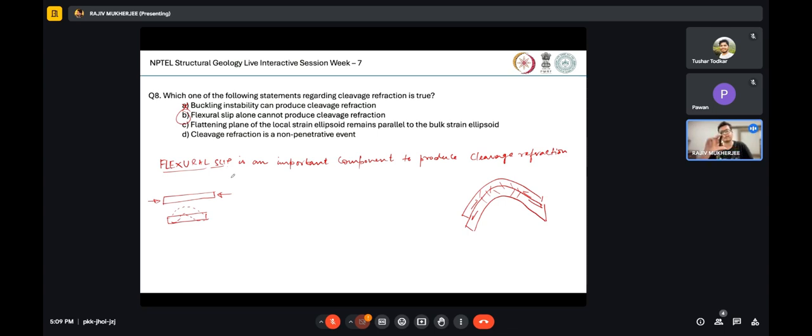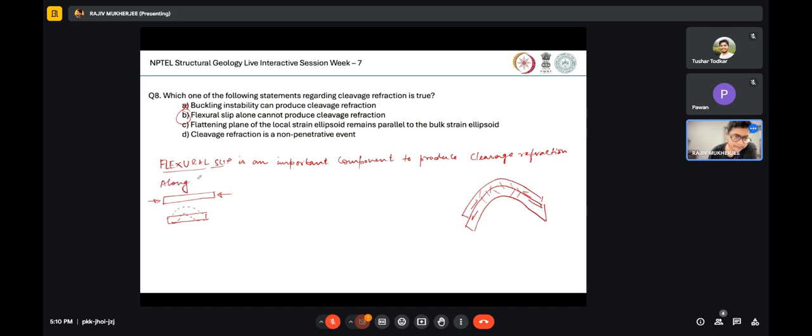So if you have two different layers, and they both have the same effective viscosity, then there will be no competency contrast between the layers. And that is how, even if you produce the folds through flexural slip, you will end up having parallel cleavage planes, right?